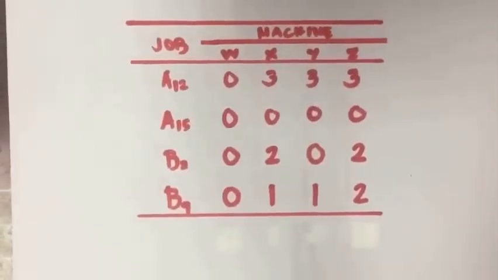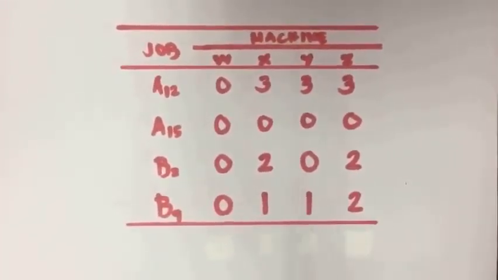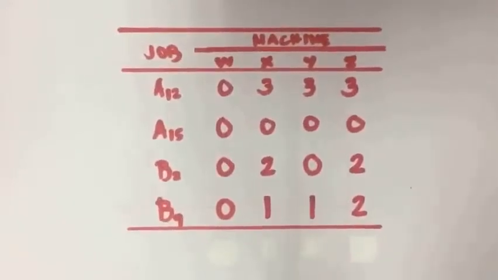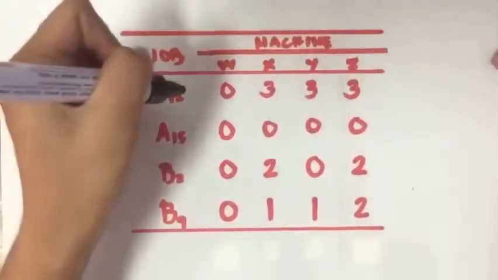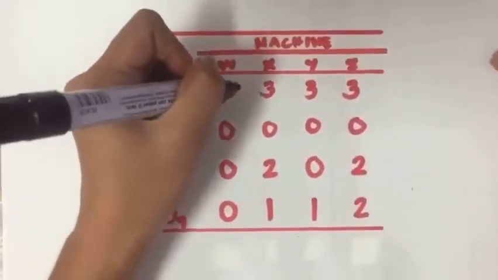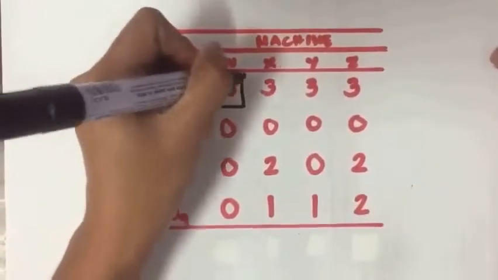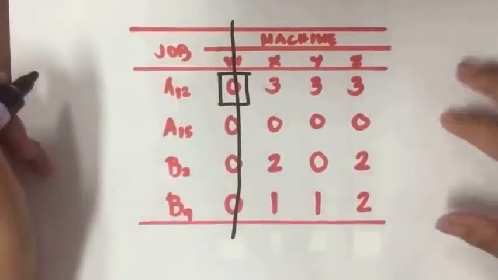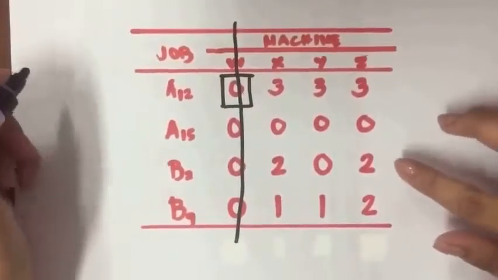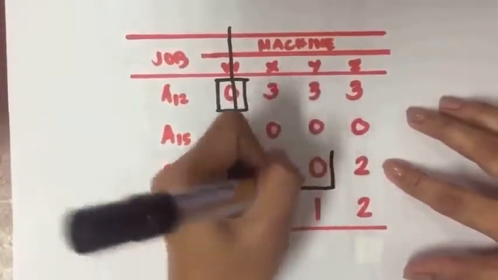The first thing we need to do is cover all zeros with the least number of lines possible. So for this row, we have 0. For this row, cannot be. For this row, we have this one.